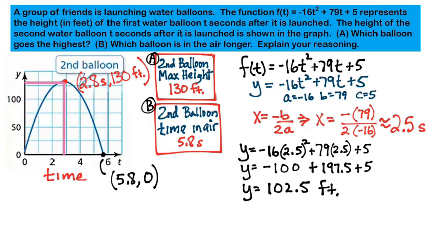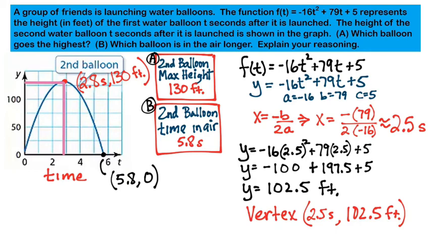When I add those together, I get 102.5 feet. So for my first water balloon, the parabola that describes its flight has a vertex of 2.5 seconds and 102.5 feet. So in 2.5 seconds, the water balloon reached its maximum height, and its maximum height was 102.5 feet.